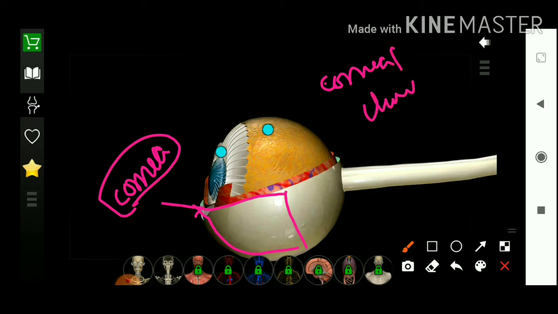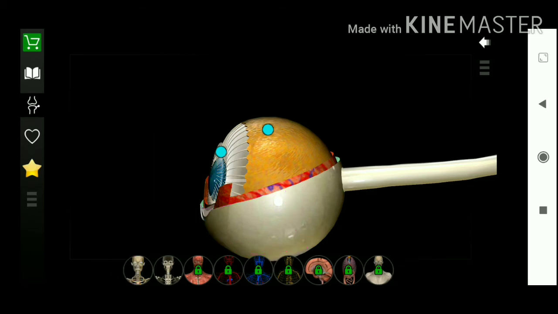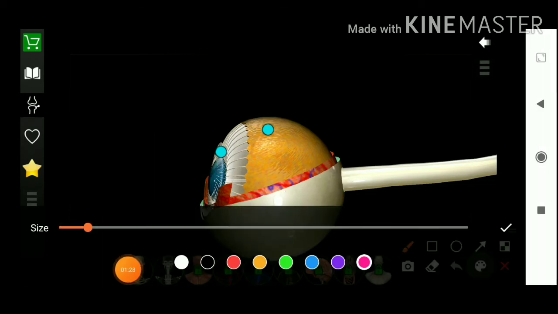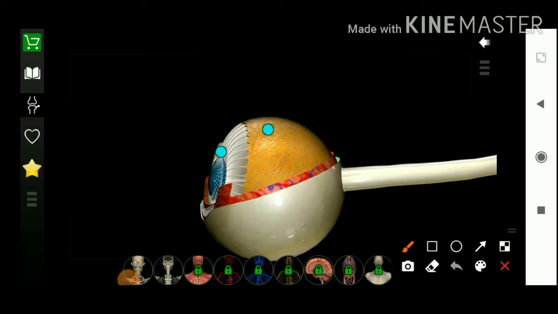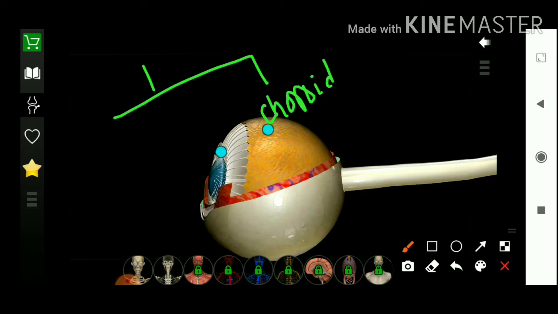Now behind the cornea, or behind the sclera, we have the uveal tract. The uveal tract is divided into three main parts. First, the posterior-most region is the choroid, which is a vascular structure.